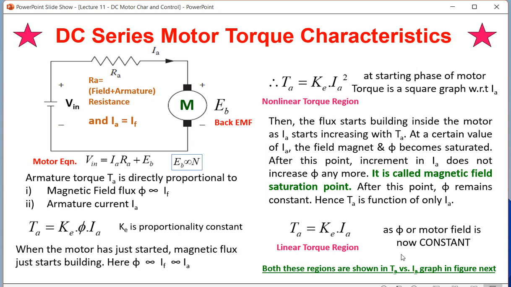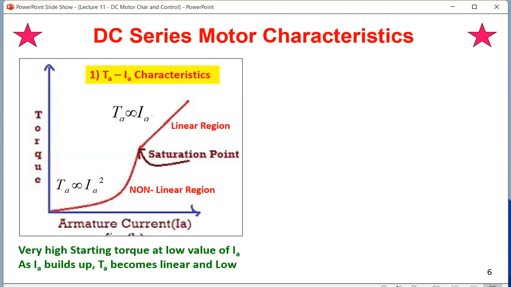And a very important question, I might ask it in the exam for 5 marks: show the two regions in the DC series motor TA-IA characteristic. So what is TA? TA is on the y axis, IA is on the x axis. Initially, this is the saturation point where phi gets saturated. Before saturation, TA is proportional to K into phi into IA.